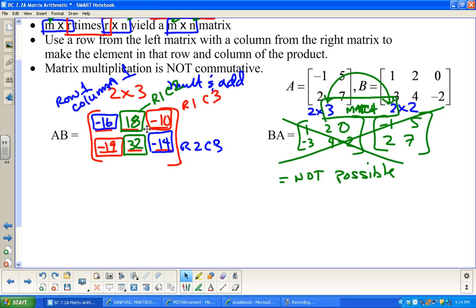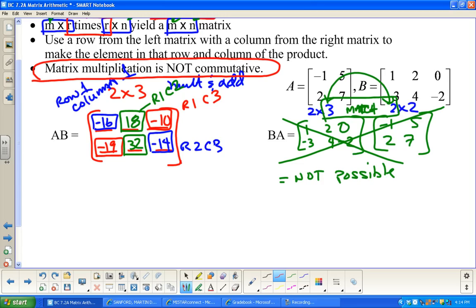Now, one other little point while I'm here, and that is matrix multiplication is not commutative. What's that mean? Well, you're probably aware of the fact that 3 times 2 is 6 and 2 times 3 is 6, because anytime you multiply two numbers, just numbers, when you rearrange the multiplication, you get the same answer.